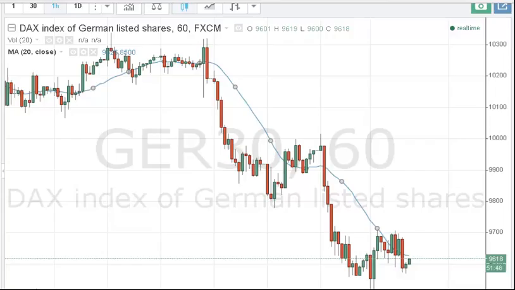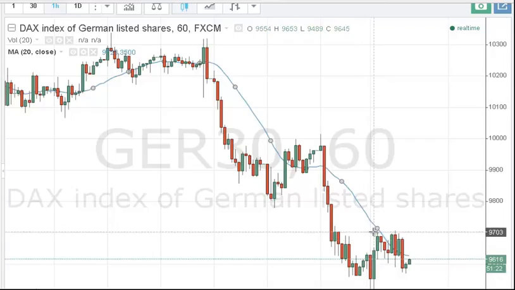So here it goes. The idea is that the trend is down. So what I'm going to do is look at the range it's been in. So I'll say, today the range is around about here.